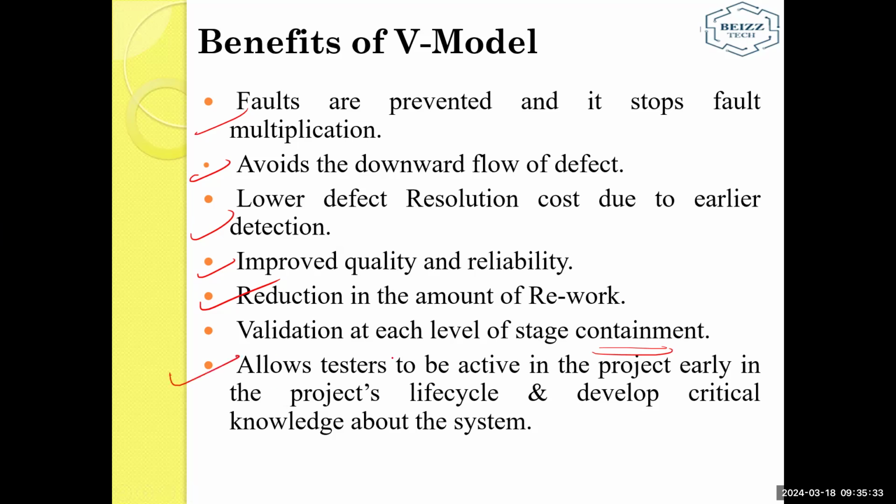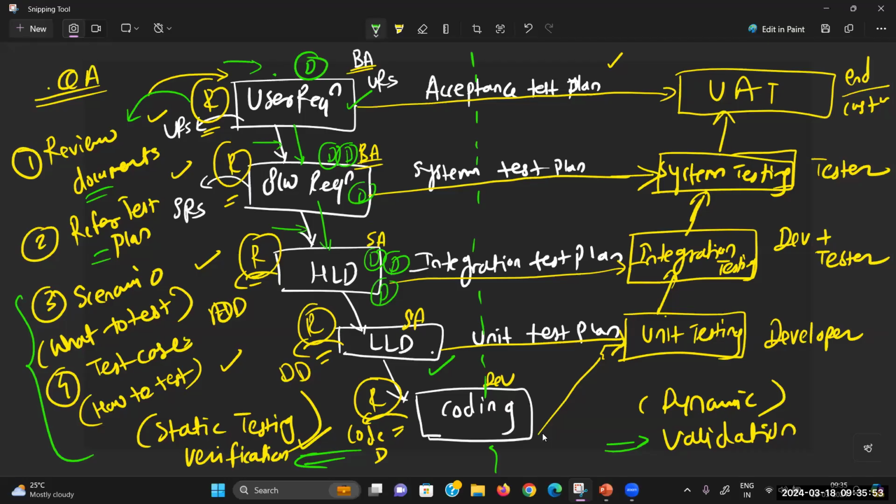It allows testers to be active in the project early in the life cycle and develop critical knowledge about the system. Because we do early testing, testers can get involved early, and starting from the requirement only, you can start testing the software application. So, got the concept of what the V methodology is and what points to remember for V?